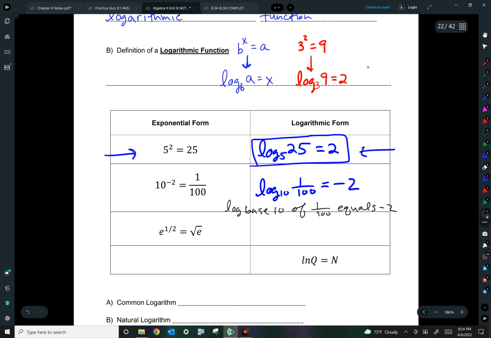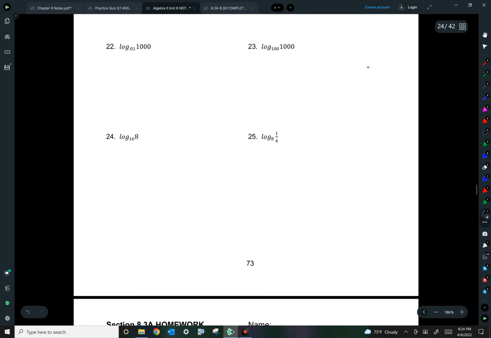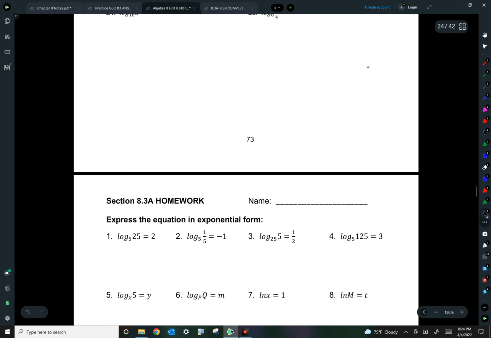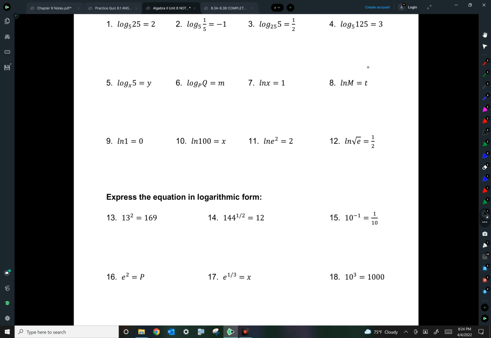Okay. We're going to be back and forth a lot. I'm going over to the homework page, which is page 74, and I'm looking down here at number 13. So notice it doesn't say to solve anything. It simply says express the equation, meaning the exponential equation, in logarithmic form.